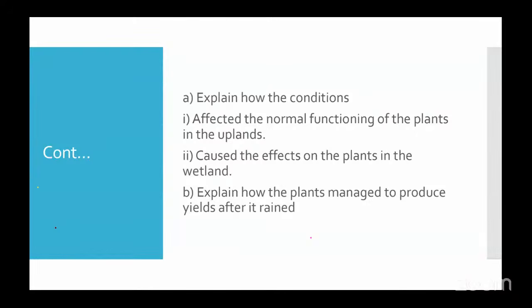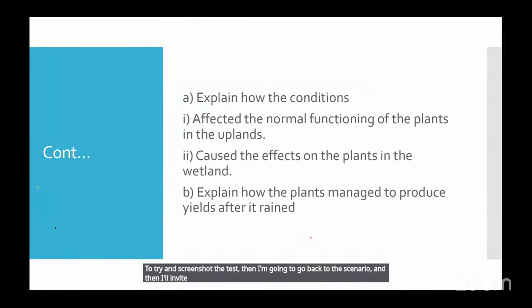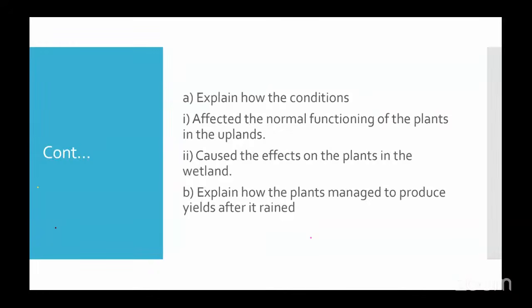So I'll give you 1 minute to try and screenshot the task. Then I'm going to go back to the scenario and invite people to give us some sample responses.